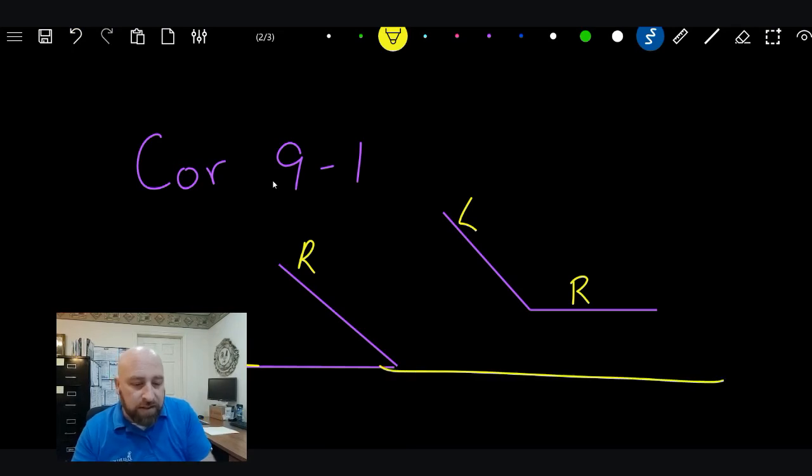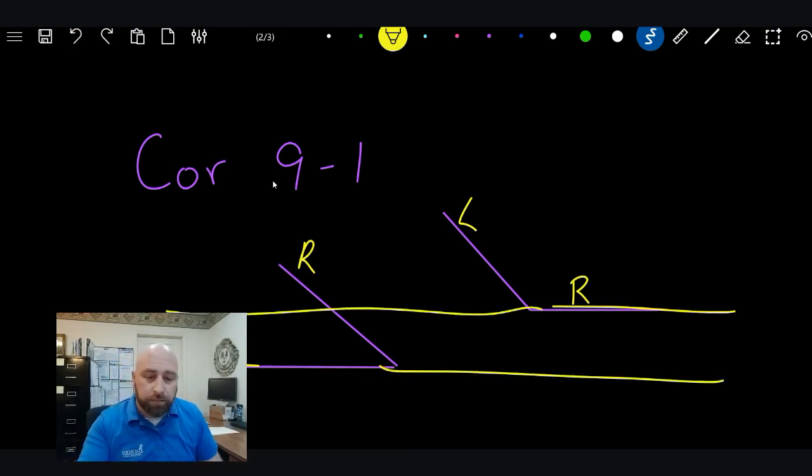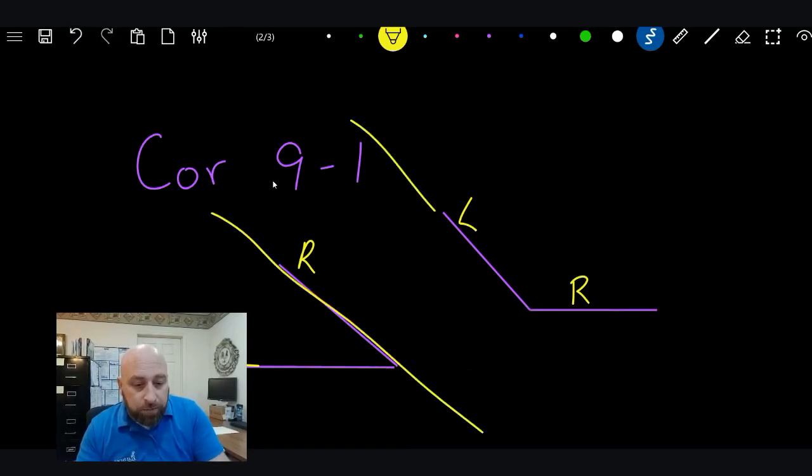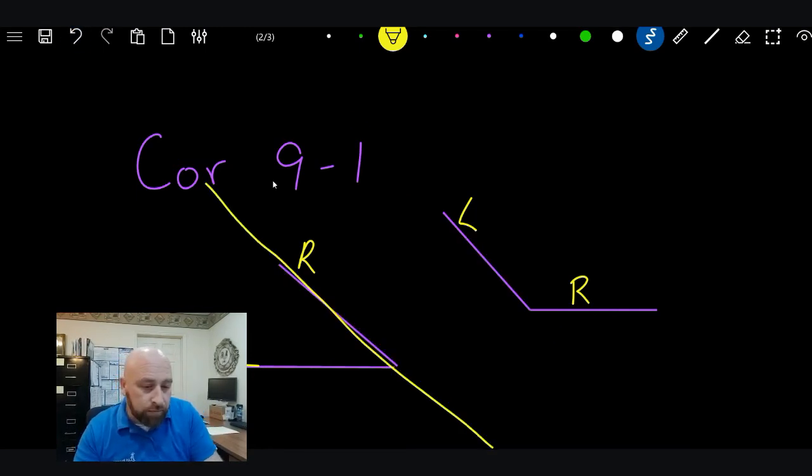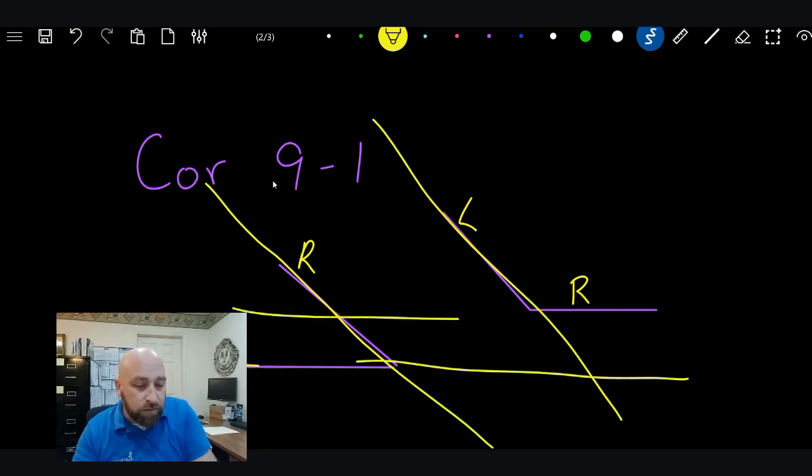Now again, let's extend this. You see how those are parallel, right? Okay, they're parallel. And look at these. These are parallel. But again, look what we have. We have transversals cutting parallel lines.